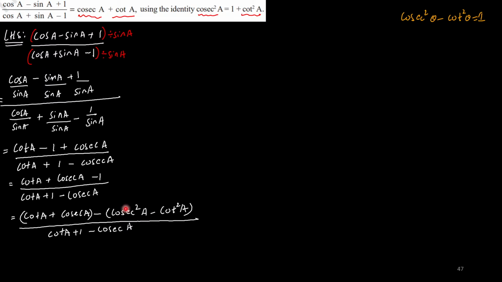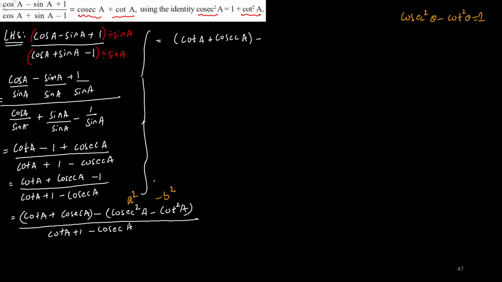So now pay attention. Look at the screen very carefully, children. Again in the numerator, the first term cot A plus cosec A I am going to keep as it is, minus this, which looks like a square minus b square.